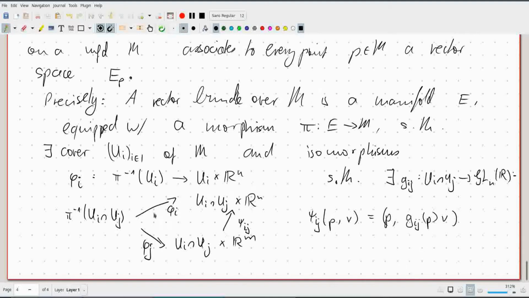This means that these isomorphisms are compatible in the way that they map points just to points, and they act linearly on the vectors. This gives every fiber pi inverse of the set containing the point p, which we usually call E_p, a unique vector space structure.